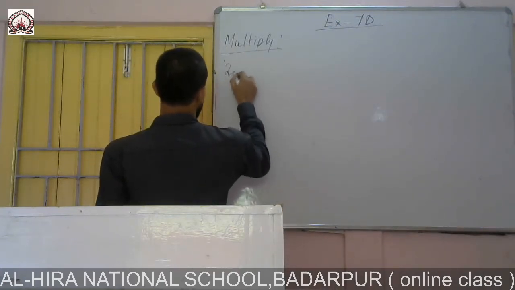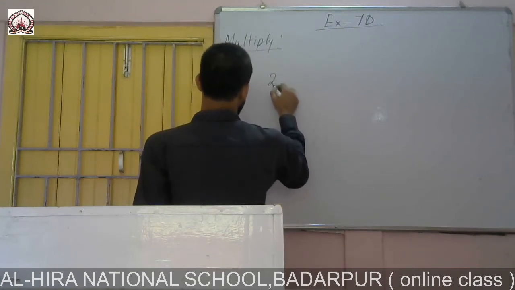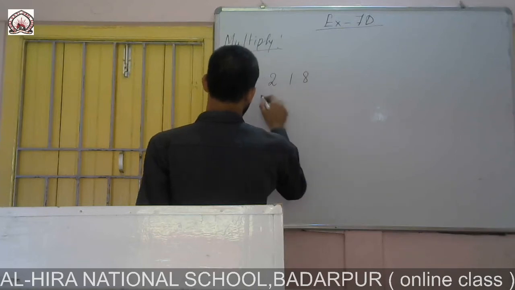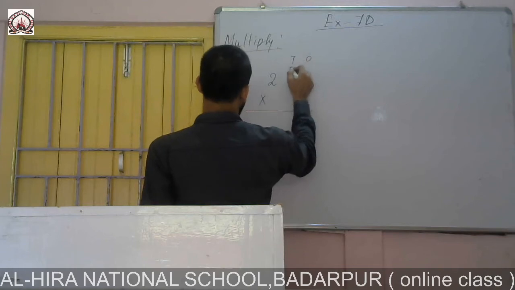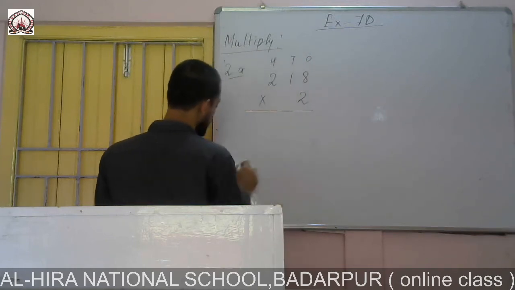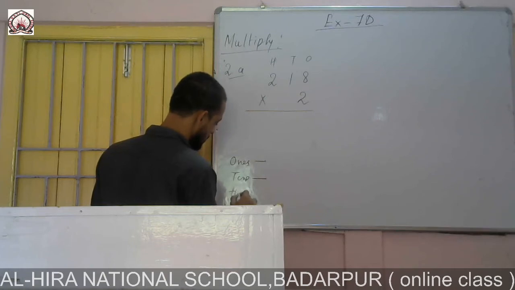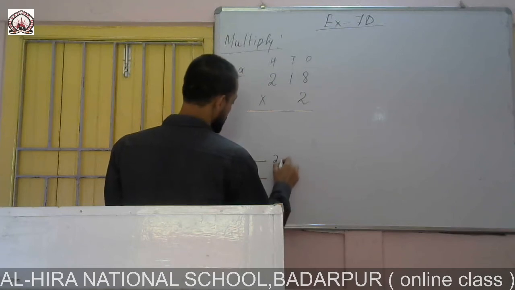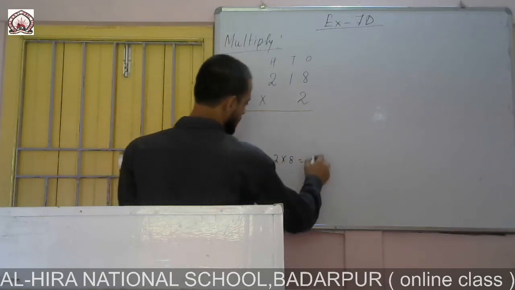Now question number 2a. 218 multiplied by 2. Ones, tens, hundreds. Like earlier, we multiply the ones place first, then tens, then hundreds. In the ones place, 2 multiplied by 8. 2 8s are 16.